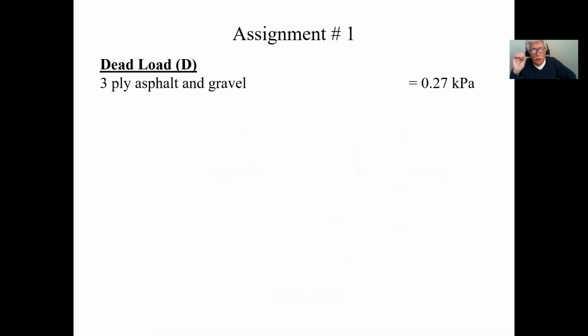If you don't find it exactly in the sheet, or can't extrapolate or interpolate the values from the sheet, you can always go on the internet and find what the things might weigh. And ultimately, if you can't find anything, be conservative and put something heavier than you think it's going to actually weigh. So here I had the 3-ply asphalt and gravel, and I had 0.27.